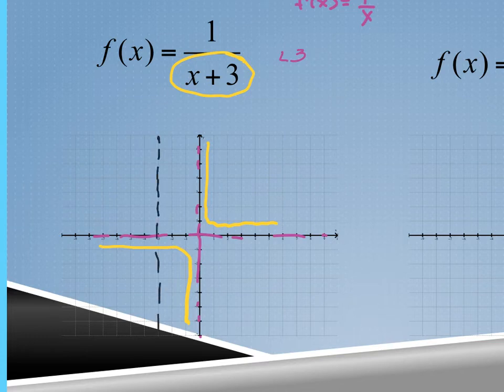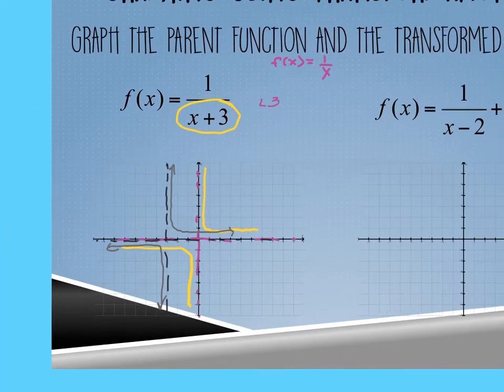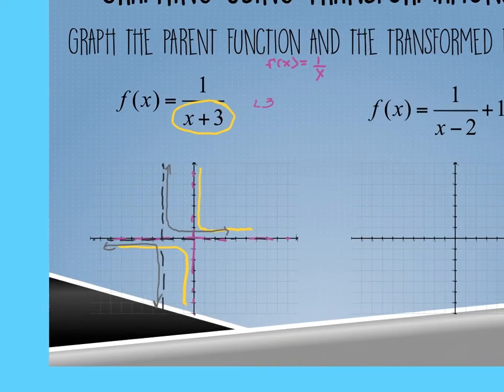My vertical asymptote got shifted left. The horizontal doesn't, or sorry, the vertical got left. Horizontal wouldn't matter. But then my curve goes here and here. So that, using transformations, this is not exact. We will get more specific than this. But that would be just using transformations.